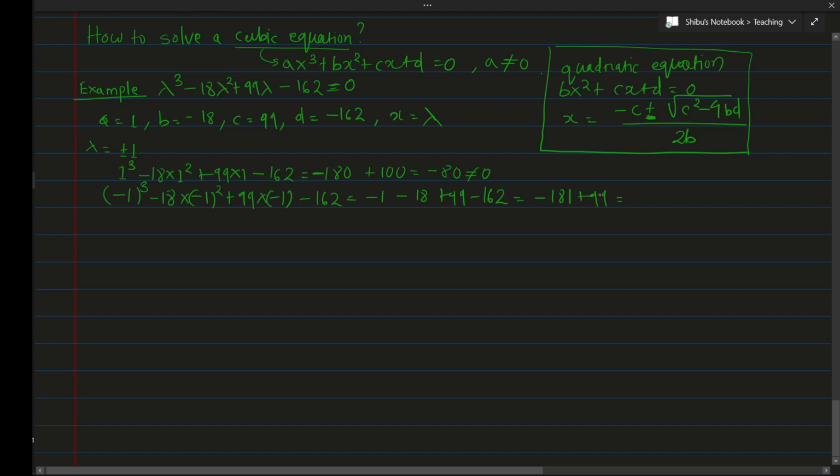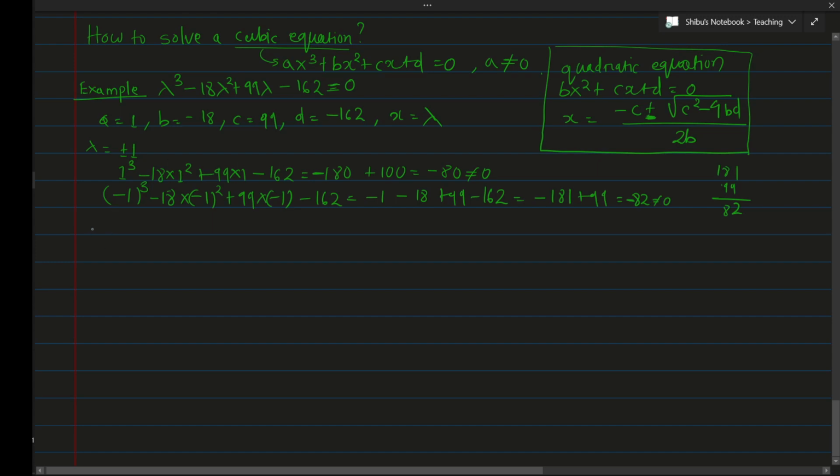So 181 minus 99 will be 82, right? Am I correct? So minus 82. I think it is correct. So again, it is not equal to 0. So -1 is not a root of this equation.